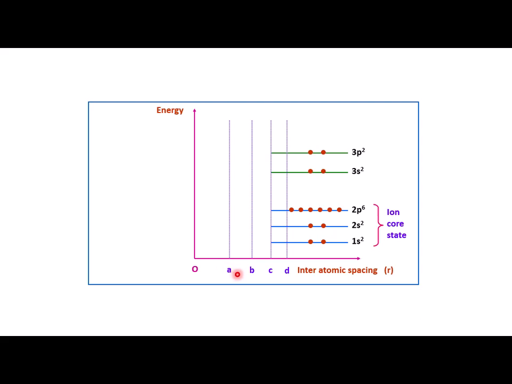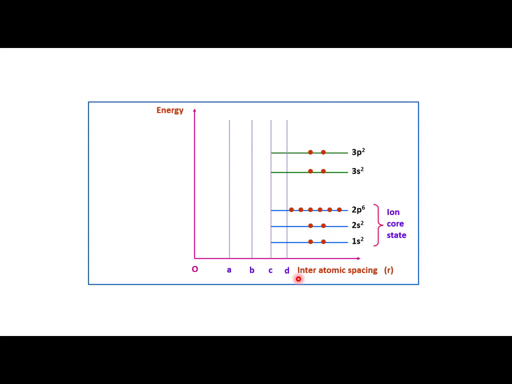We are dividing the entire interatomic separation into 4 phases: distance OA, distance OB, distance OC, and distance OD. We will carry out our analysis based on these distances of interatomic separation.